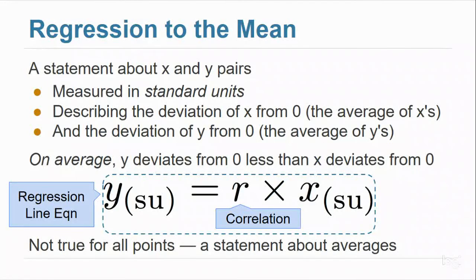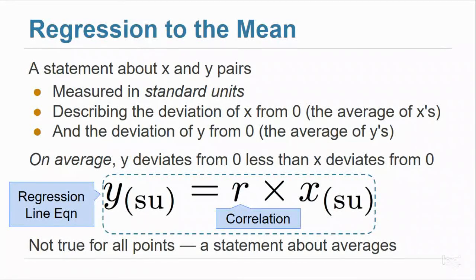When we measure x and y in standard units, what this means is that when we look at the line of best fit, the so-called regression line, the deviation of y from 0 in standard units is less than the deviation of x in standard units. And it turns out that the equation for the line of best fit in standard units has this very nice form.